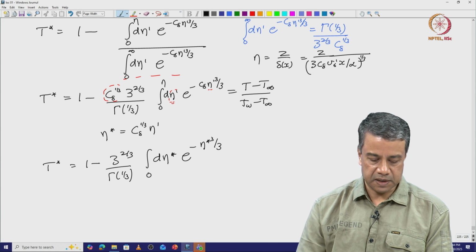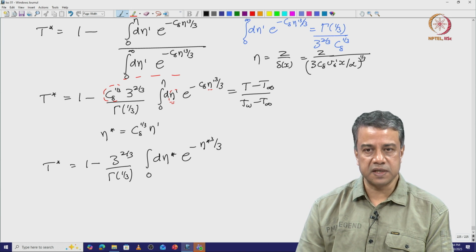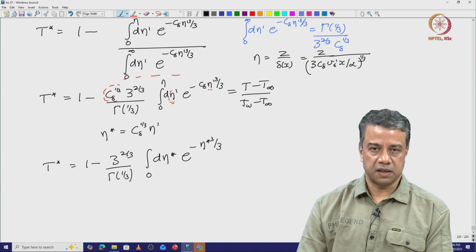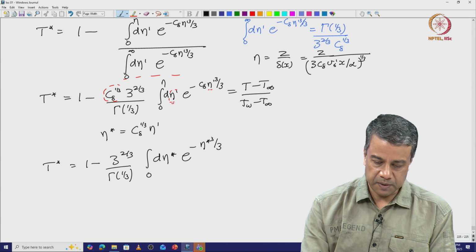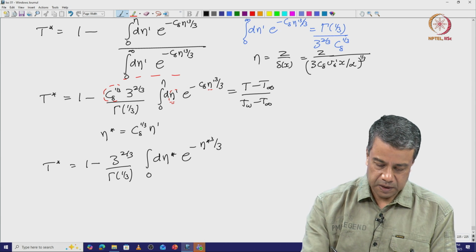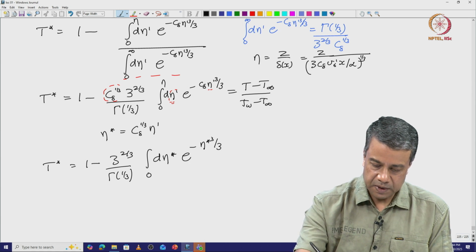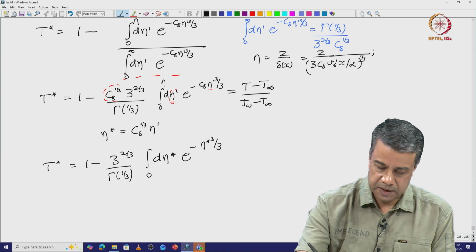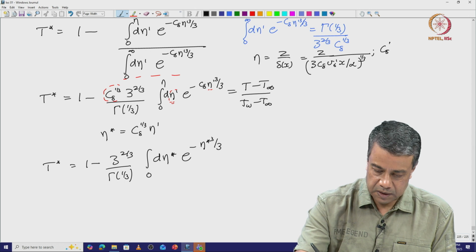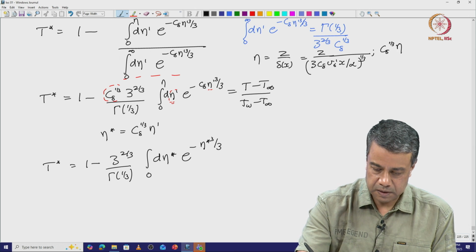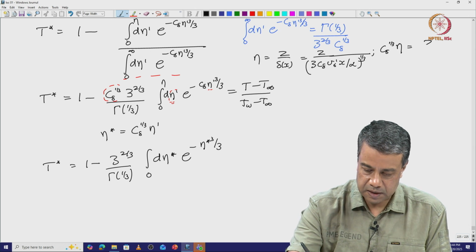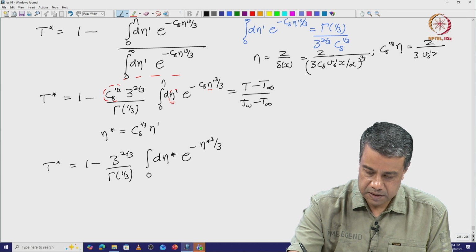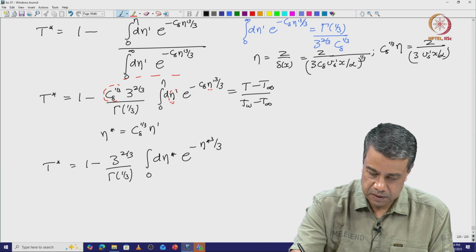That means that the upper limit of integration has to be C delta to the power 1/3 times eta, which will be (z/3) (v s prime x by alpha) whole power 1/3.